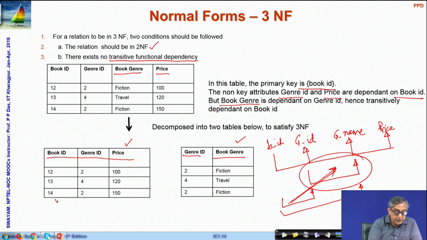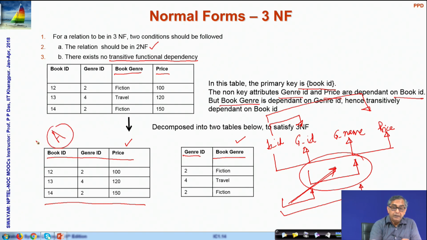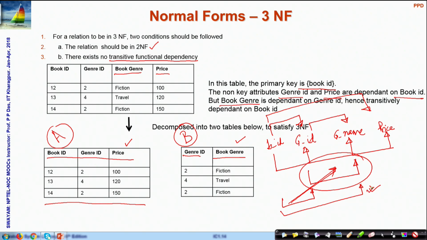So, once you have done that, naturally, book ID functionally determining genre ID, book ID functionally determining price, these hold on, say, table A, which is here, and genre ID determining genre name holds in table B. Now, this dependency book ID determining genre name cannot be directly checked.